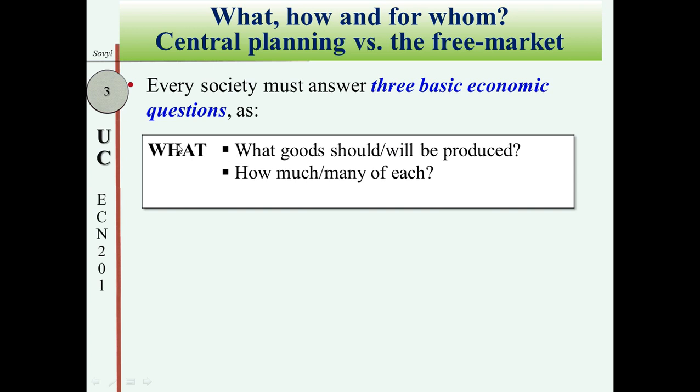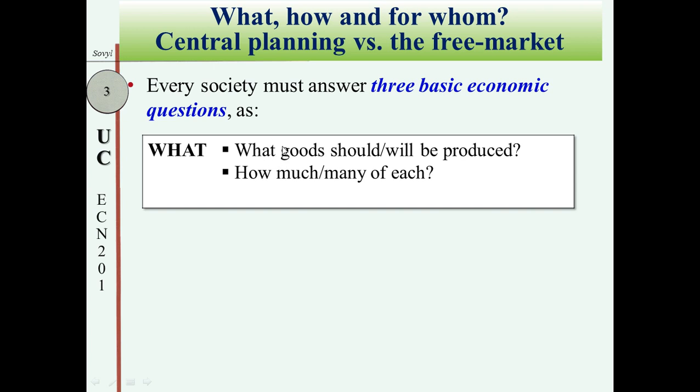If everyone, especially households, firms, and the government, can answer what goods to produce, they need to ask the next question: how much, how many of each good and each service should or will be produced.